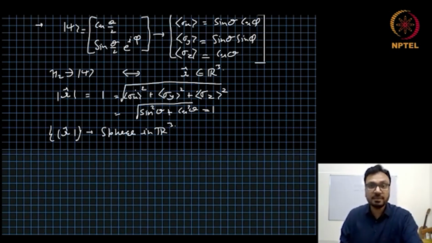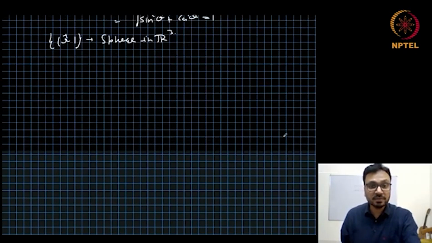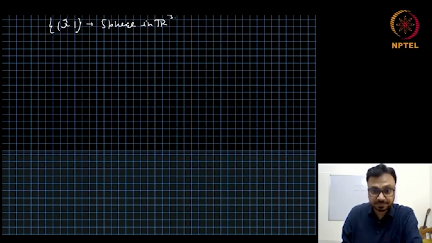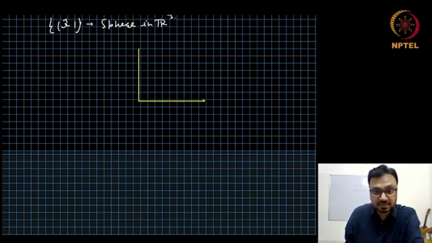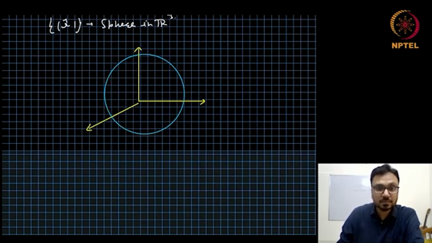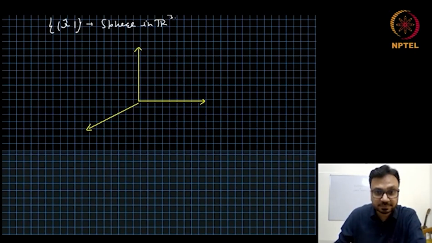In fact, these sigma x, sigma y, and sigma z expectation values are the polar coordinates of a sphere. So if we have 3 axes, then we can have a vector, let's call it R vector.